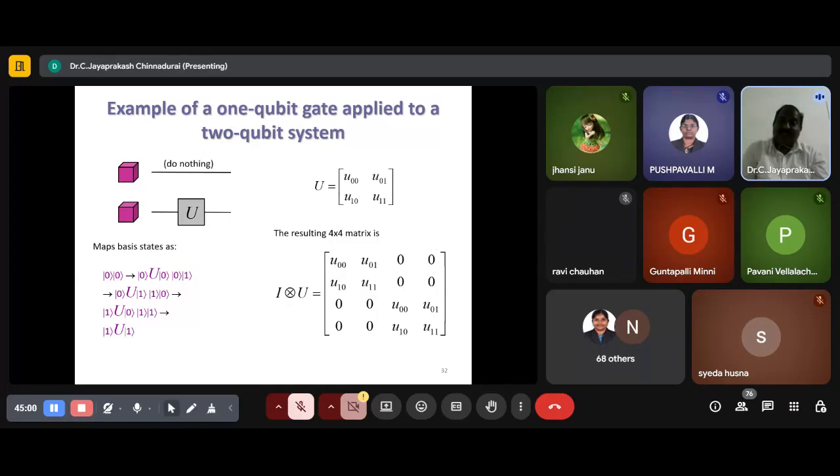So if you make the product between I and u, you get a 4 cross 4 matrix like this: first row u 0 0, u 0 1, 0, 0; second row u 1 0, u 1 1, 0, 0; third row 0, 0, u 0 0, u 0 1; and the fourth row 0, 0, u 1 0, u 1 1. If you have time, work it out yourself and you can get the 4 cross 4 matrix result between u and I.